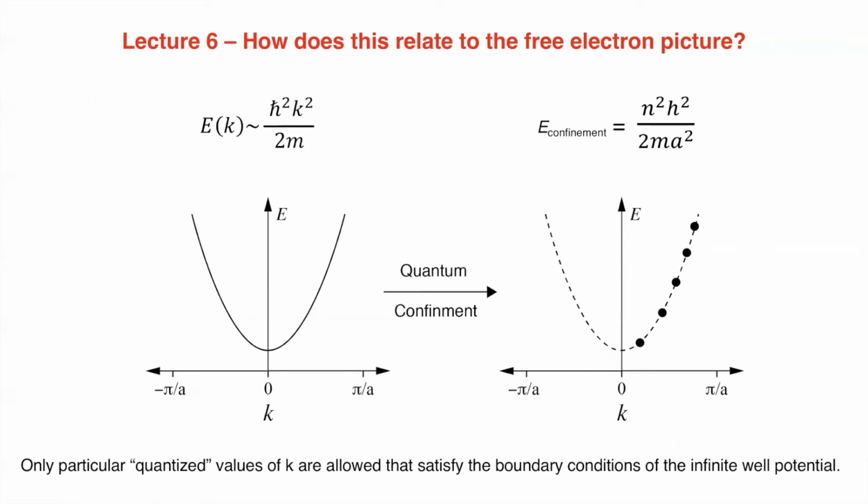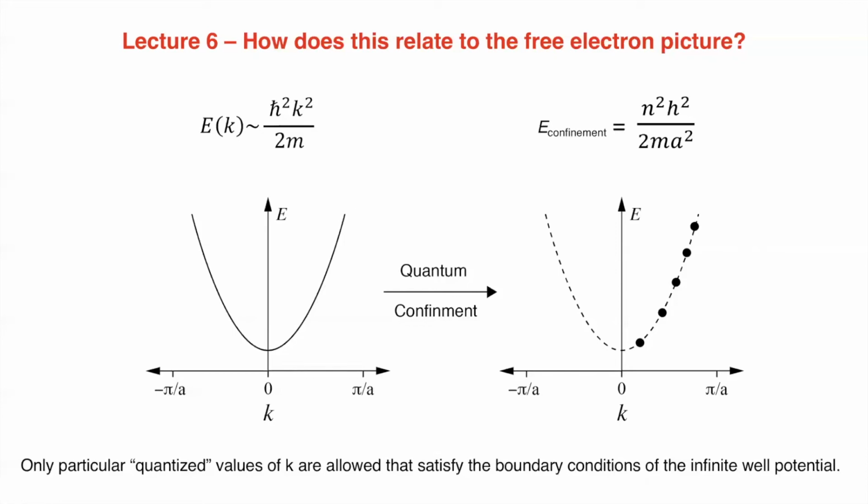But now there are only specific solutions that are possible. So you can think about this band of possible solutions as having many different values of K, many different values of momentum possible. The larger the momentum, the larger the energy, and it goes with K squared.